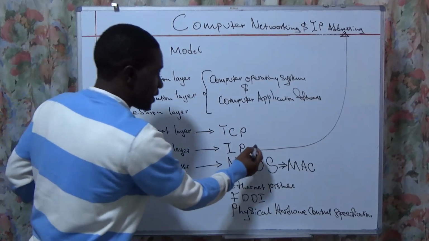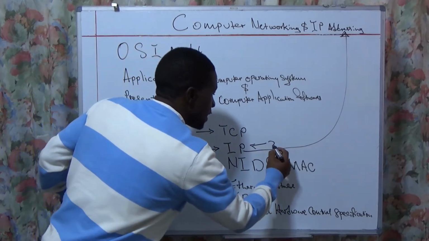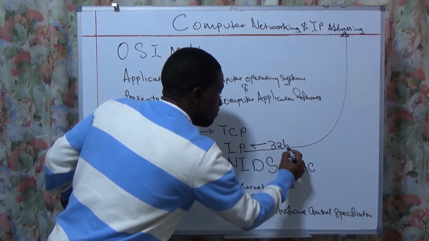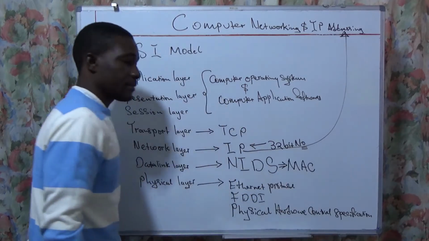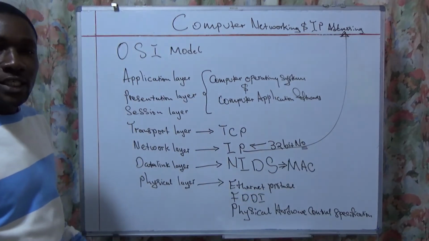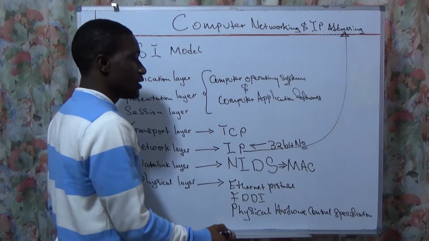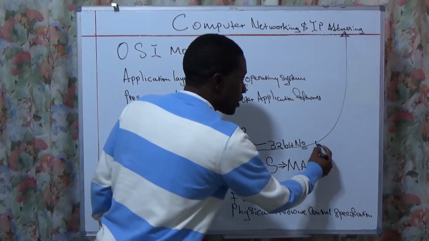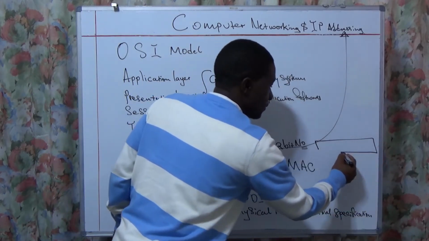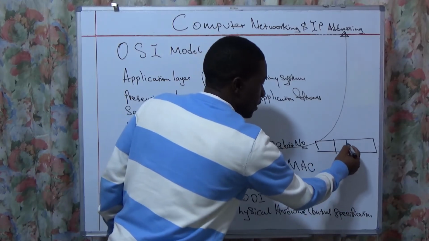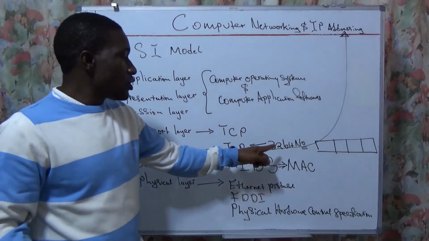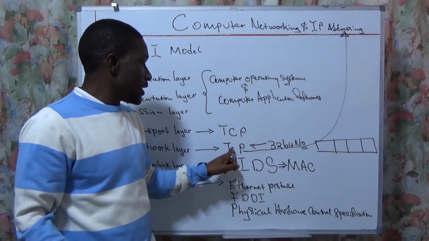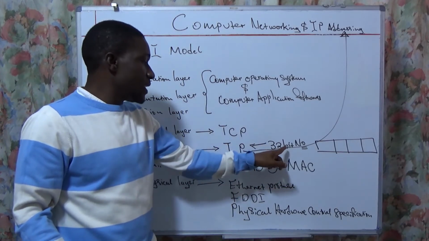An IP address is a 32-bit number which is divided into 4 octets, or it is generated out of 4 octets, out of the 32 bits.